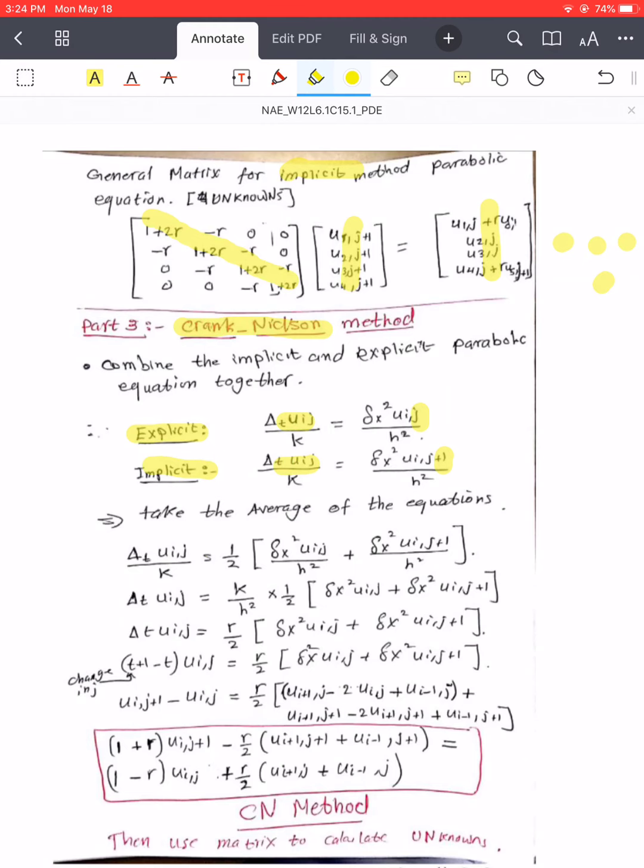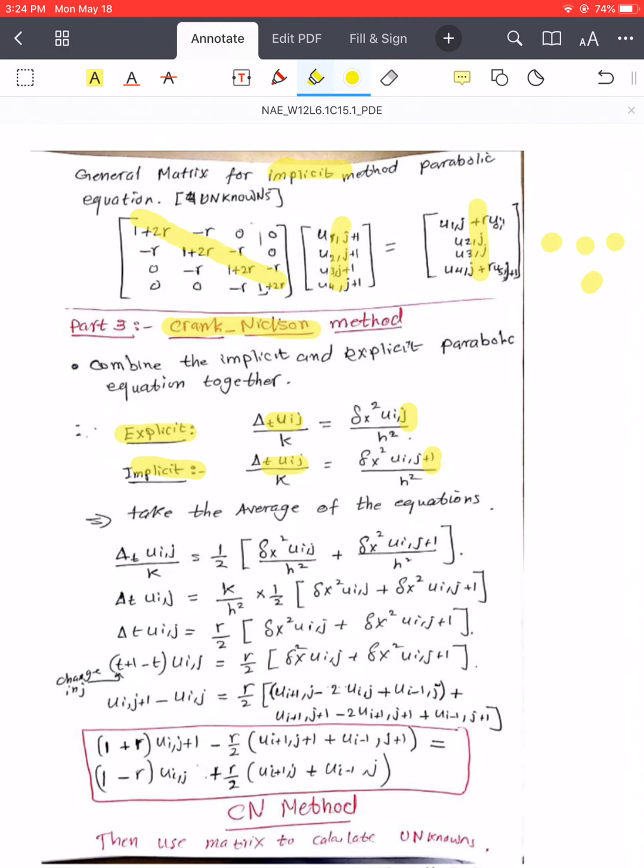So this plus this divided by 2, and the change remains as it is. But the right-hand side, we have to take this one plus this one divided by 2, which is really this one plus the other one, divided by 2, which means the average. So this is J plus 1, J. And here is the method, that's it, finished.